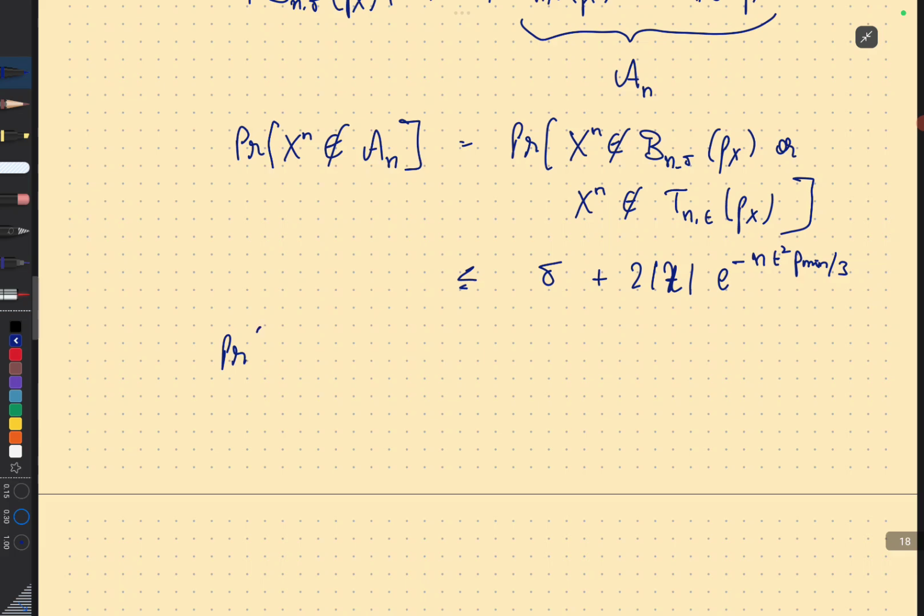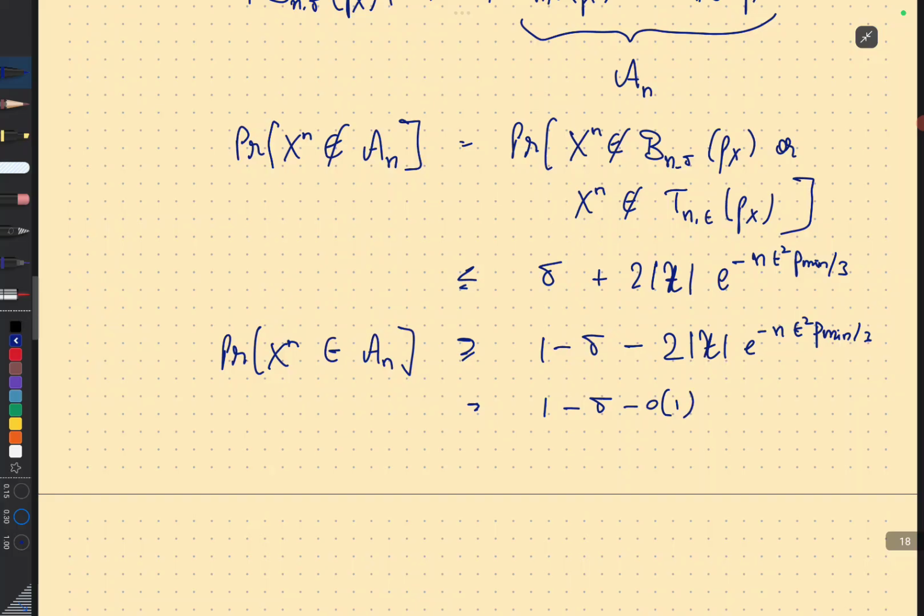So in other words, the probability that Xn is in A_n is greater than or equal to 1 minus delta minus 2 times cardinality of X e to the minus n epsilon square p_min by 3, which is just 1 minus delta minus little o of 1.